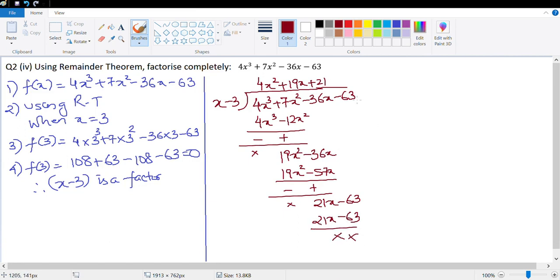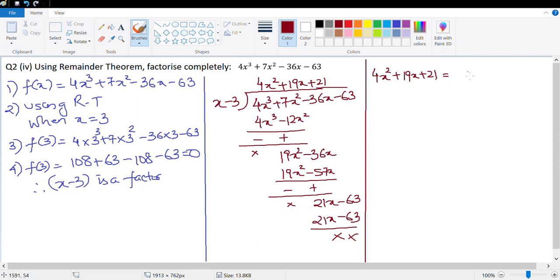So we've been able to factorize it up to 4x squared. Now to factorize 4x squared plus 19x plus 21, I need to find factors of 21 into 4, that's 84, the sum of which should be 19. 7 into 12.